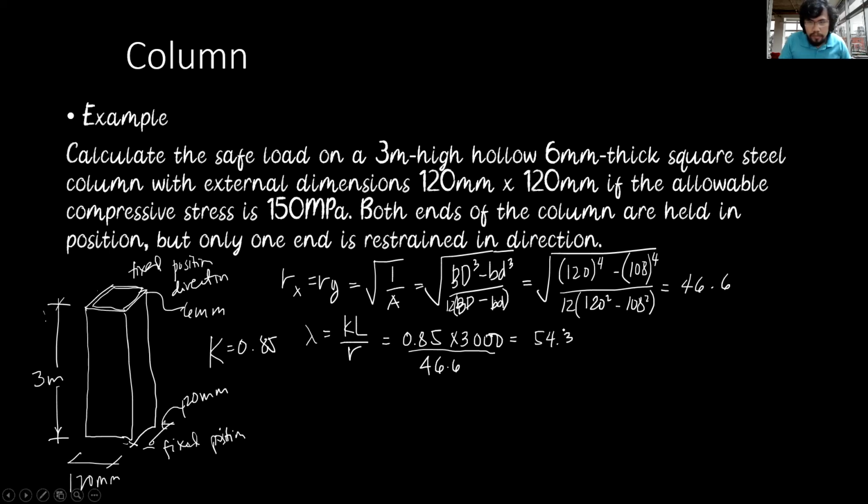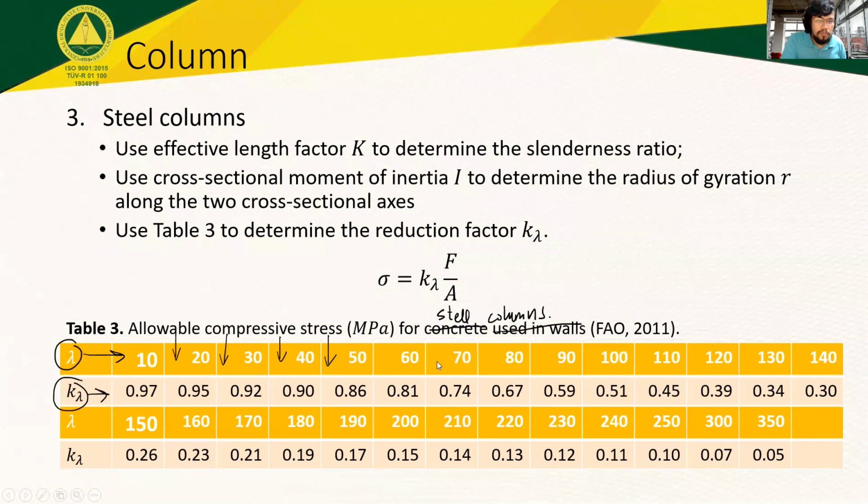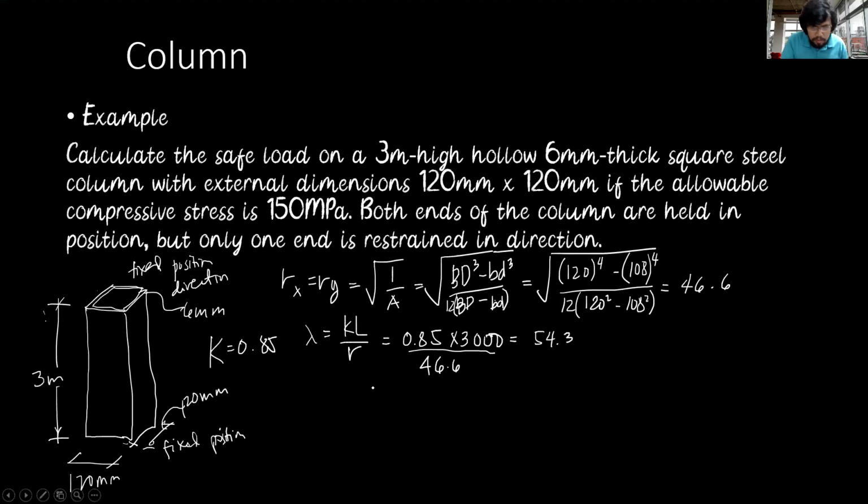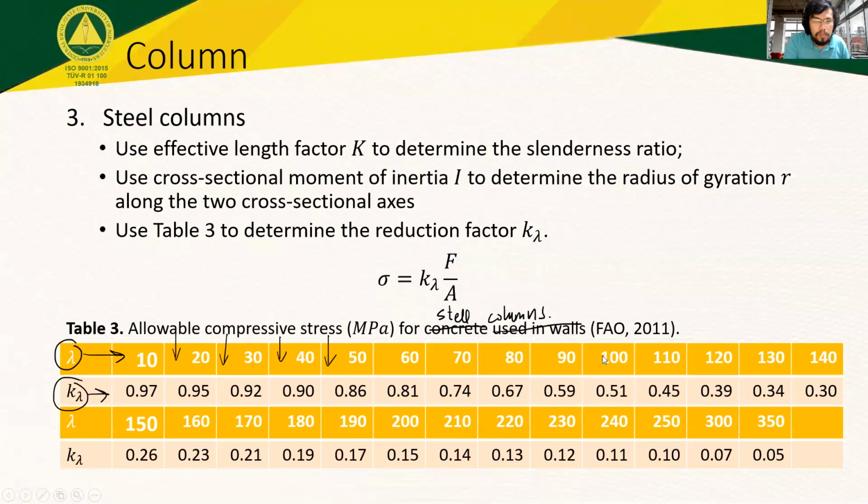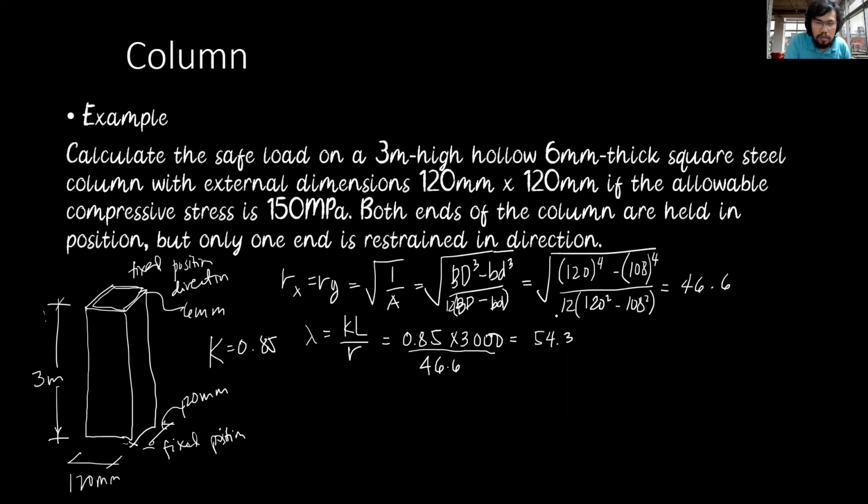And since we have the value that's not exact to the values in the table, we interpolate between 50 and 60. It's a very simple solution. We just interpolate. We have the values 0.86 and 0.81.